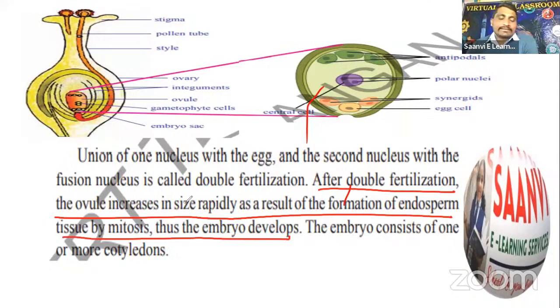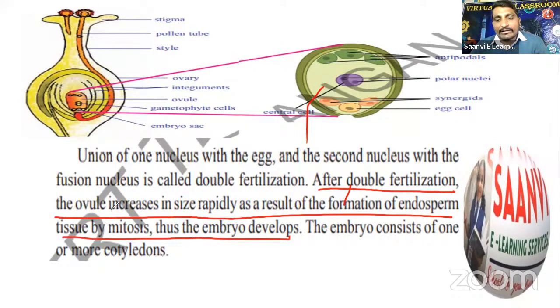After double fertilization, the ovule increases in size rapidly as a result of the formation of endosperm tissue by mitosis. What happened after double fertilization? The ovule will increase in size due to the formation of endosperm tissue by what? Mitosis, cell division.